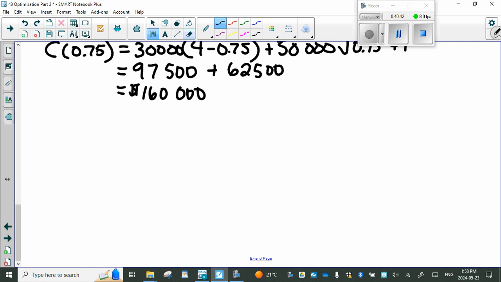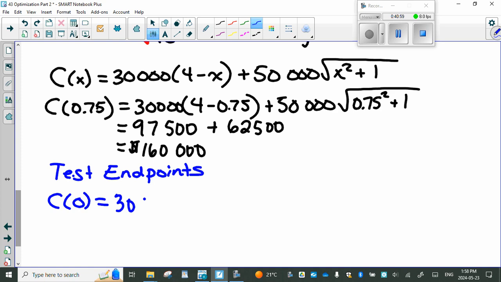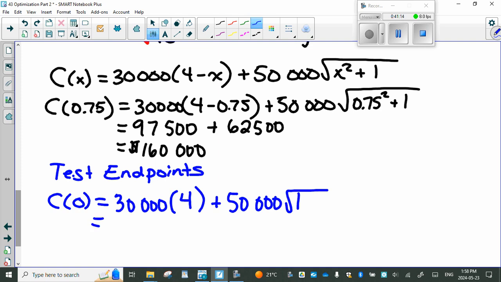Now I've got to test the endpoints. So I want to find C at 0, sorry. So if I sub 0 in here, I have 30,000 times 4 plus 50,000 times the square root of 1, which is going to give me 170,000.